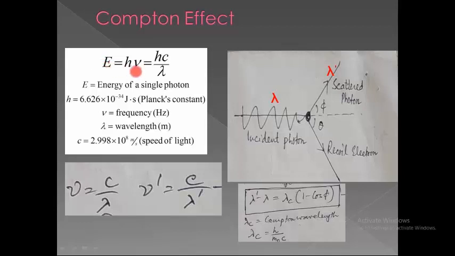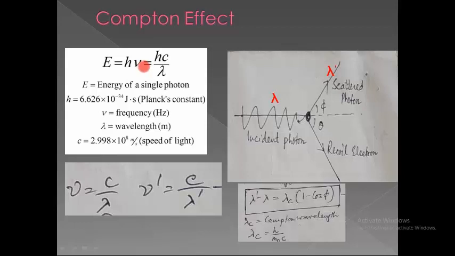Because you already discussed in my last class that light behaves as a wave and light behaves as a particle, and that particle is called a photon, depending upon the situation. In this case, we consider light as a photon or a particle, and the energy of the photon depends upon the frequency and it is equal to h into nu. Nu is the frequency of that photon.